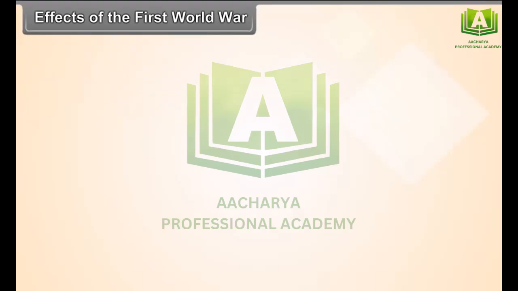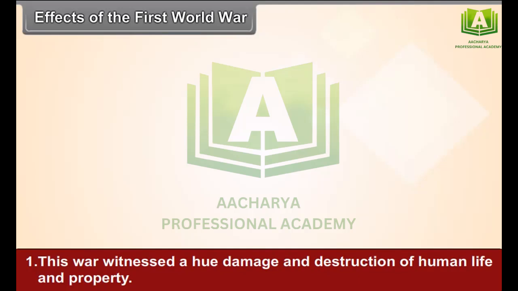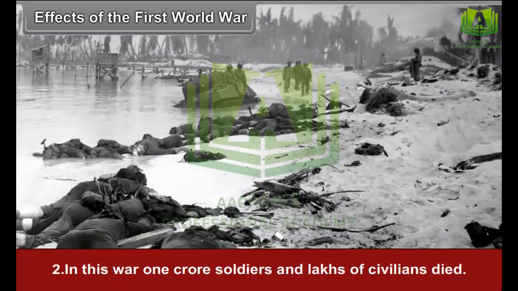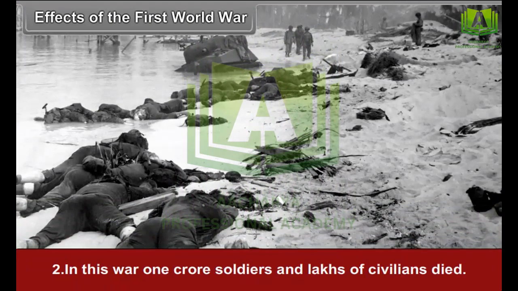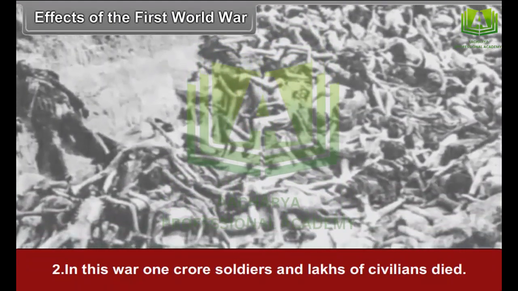Effect of the First World War. The First World War, during 1914 to 1918. First, this war witnessed huge damage and destruction of human life and property. Second, in this war, 1 crore soldiers and lakhs of civilians died.